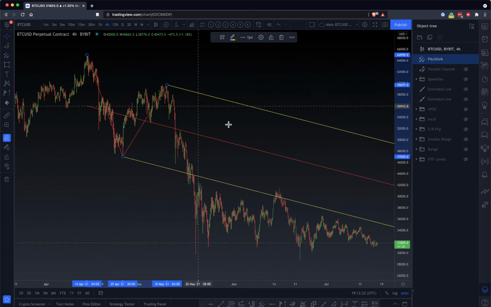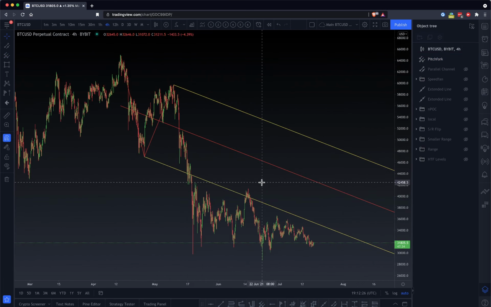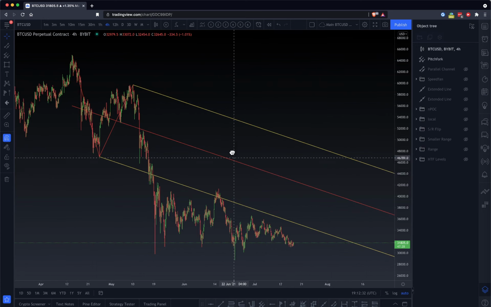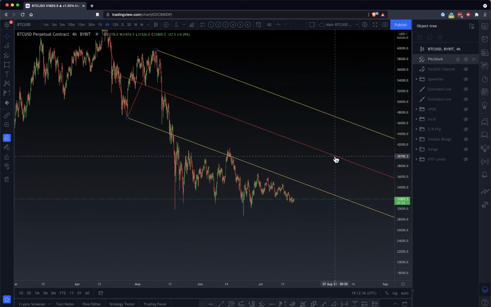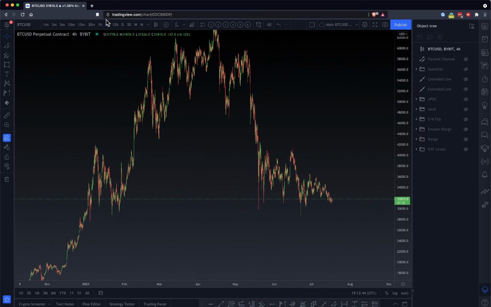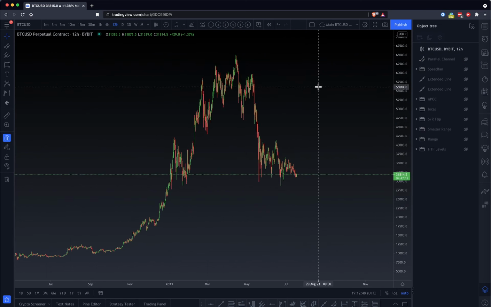Another big one here, but we are not in it anymore. So okay.